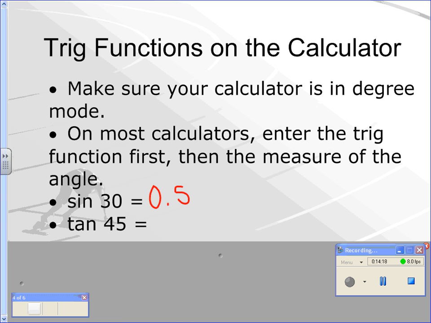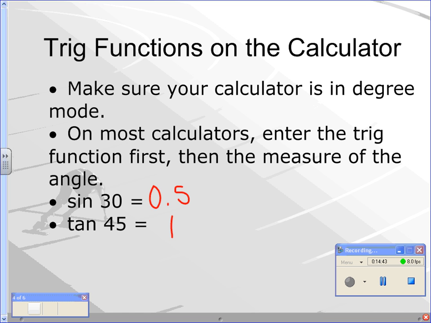Okay. See if you can find the tangent of 45. We'll get there. We've got to first understand how to even use it at all. Any questions on these two? You can do anything.